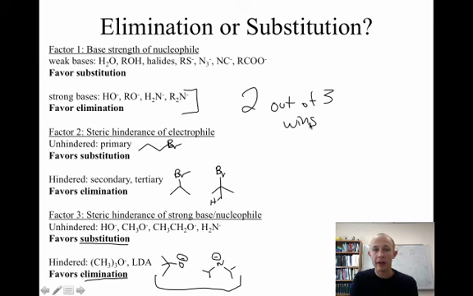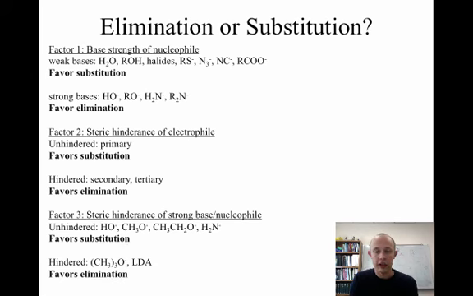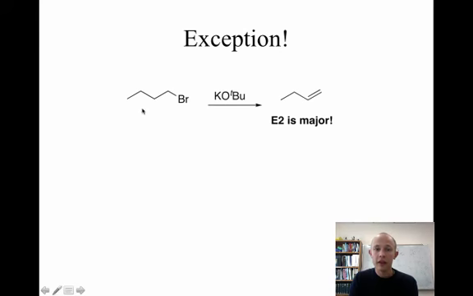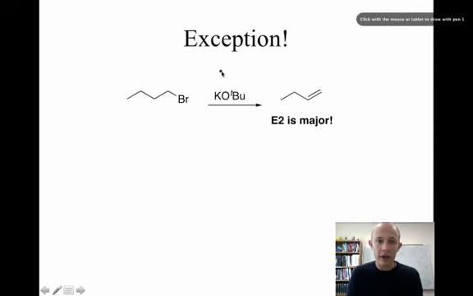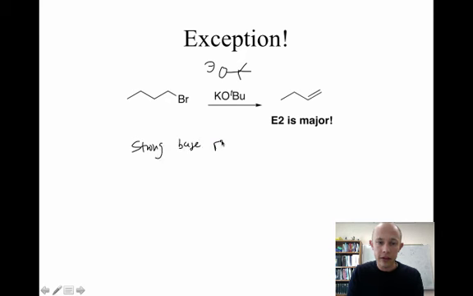So let's go back to some of the examples that I just gave. If we're trying to evaluate each one of these factors, we look at our base. We have a negative charge on oxygen. That's a strong base, so that favors elimination.